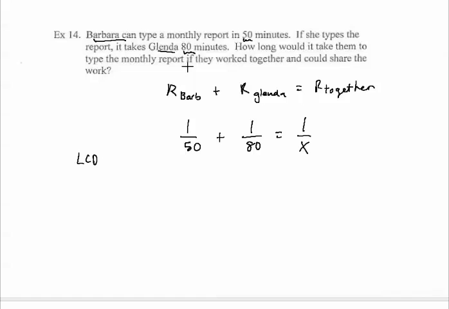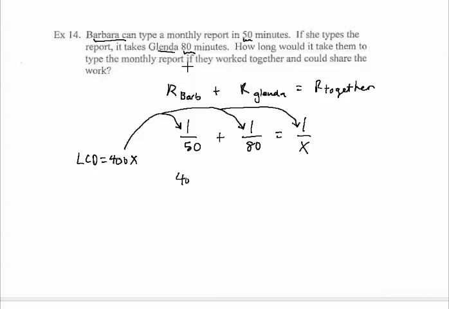We find the lowest common denominator, which in this case would be the smallest number that 50 and 80 will divide into, 400, and we also have to include the x because it's in the denominator on the right side. So this is our LCD, 400x, and we plug it into the numerator of each of these fractions.